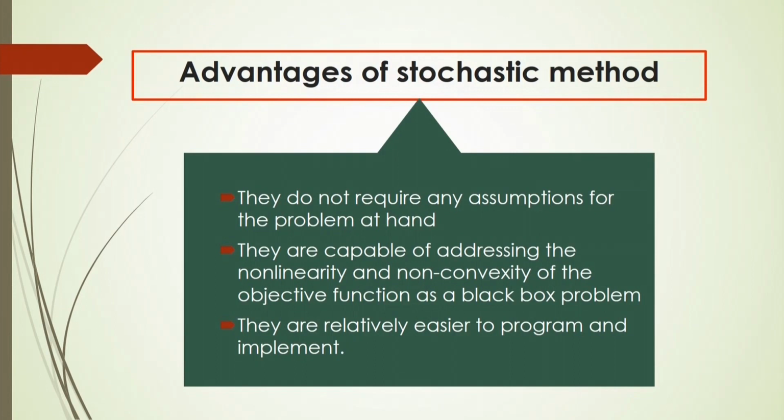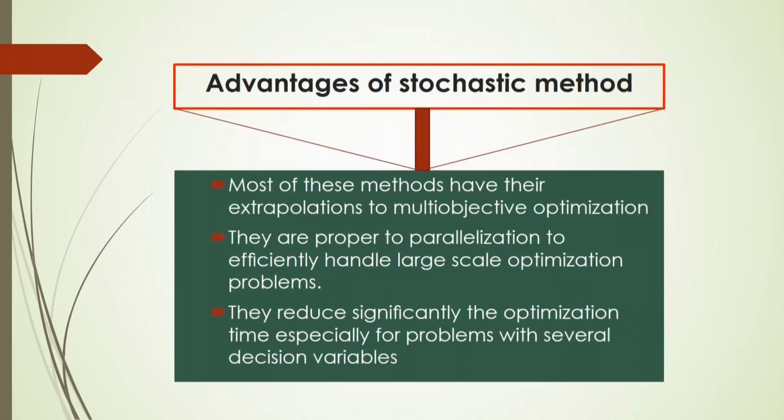What are the advantages of the stochastic method? These methods do not require any assumptions for the problem at hand. They are capable of addressing the non-linearity and non-convexity of the objective function as a black box problem, and they are relatively easier to program and implement.